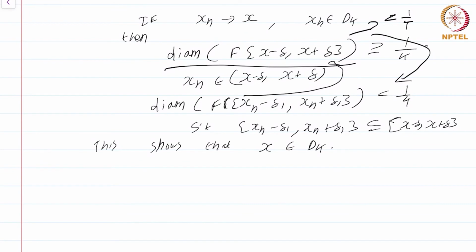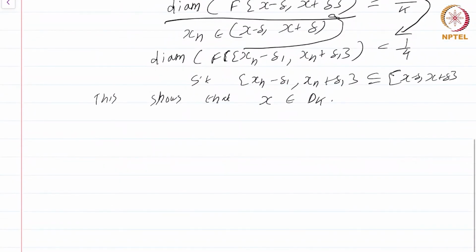So each D_k is closed, and we are done. That was a rather easy proof. All we had to observe was that these oscillations behave nicely with respect to taking limits.